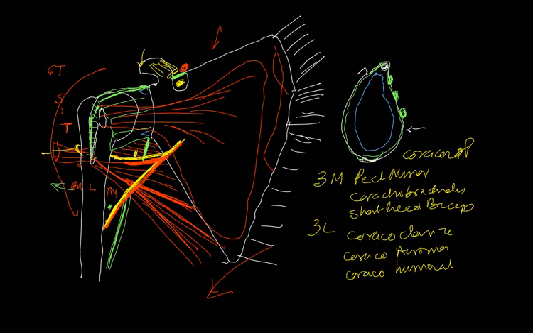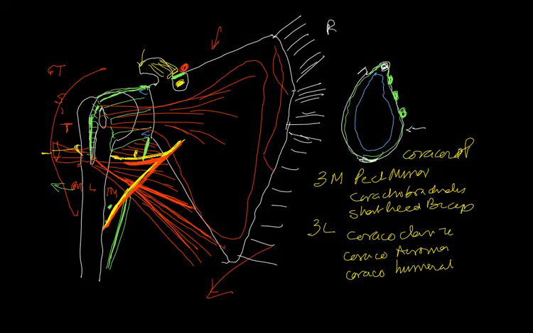To revise: supraglenoid tubercle, long head of biceps, coracoid, 3 muscles, 3 ligaments, pectoralis minor, coracobrachialis, short head of biceps, 3 ligaments, coracohumeral, coracoclavicular, coracoacromial. Then transverse scapular ligament, suprascapular artery and nerve, nothing on the superior border, rhomboideus major, levator scapulae, rhomboideus minor, and rhomboideus major.